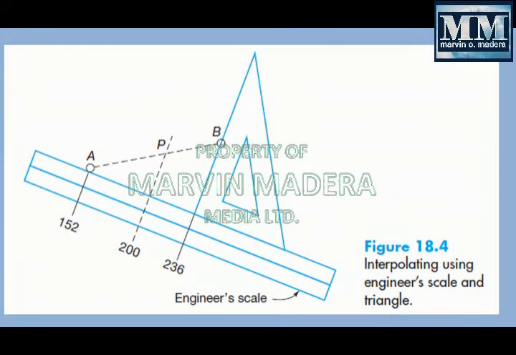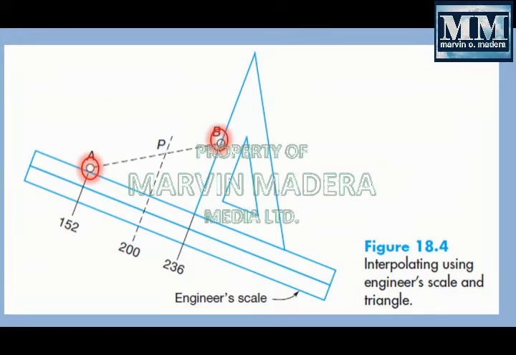So we have here figure 18.4, interpolating using the engineer scale and triangle. The portion below here shows the points where your engineer scale is in relation to your triangle. So you should calibrate your engineer scale and your triangle into a reasonable proportion scale. We have A and B as reference points.